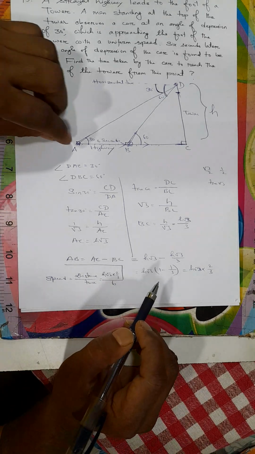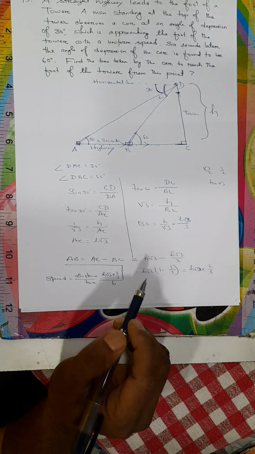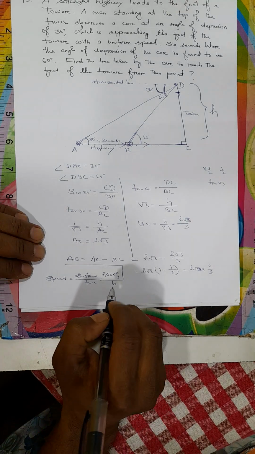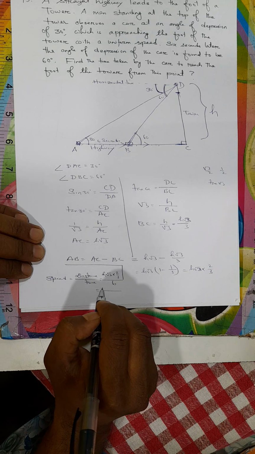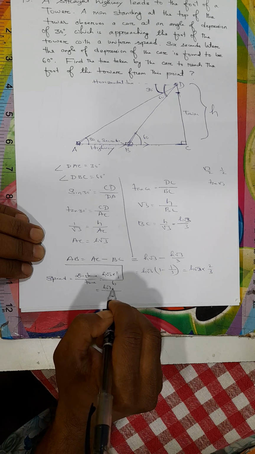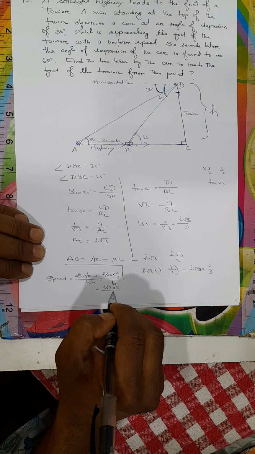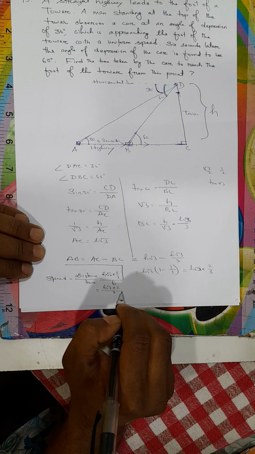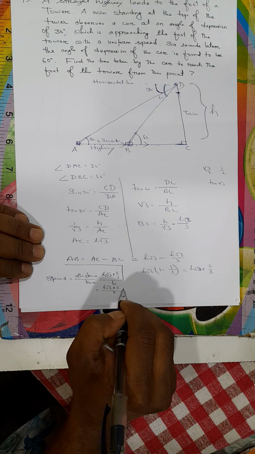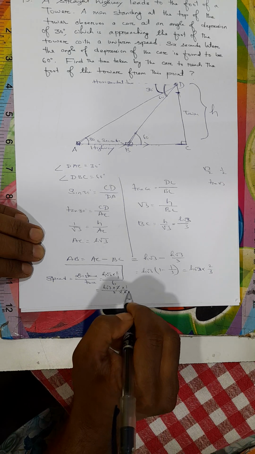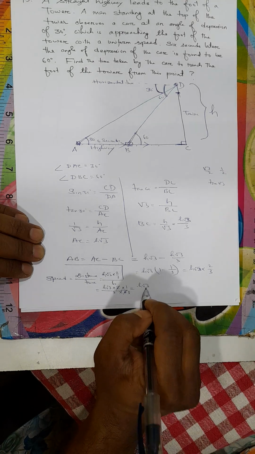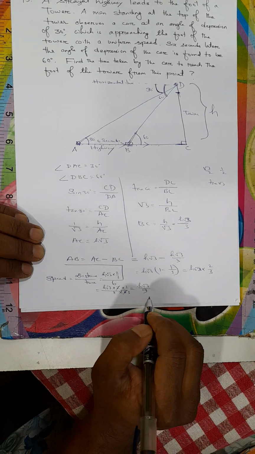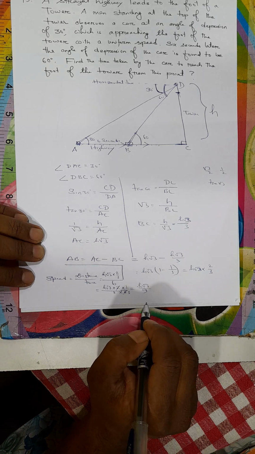The car is moving from A to B in 6 seconds. So it is divided by 6. So h root 3 multiplied by 2 by 3 divided by 6 means 1 by 6. So 2 3s are 6, and we got h root 3 divided by 9. This is the speed of the car.